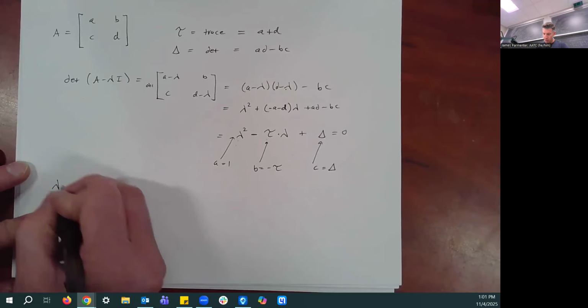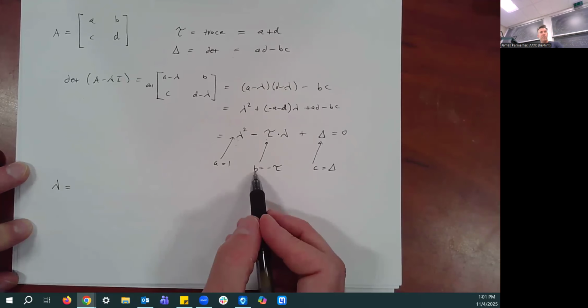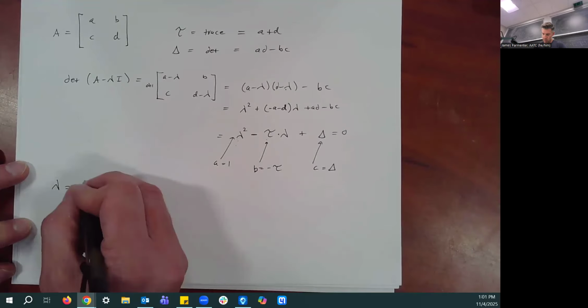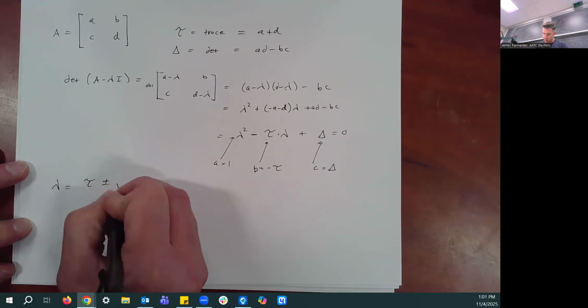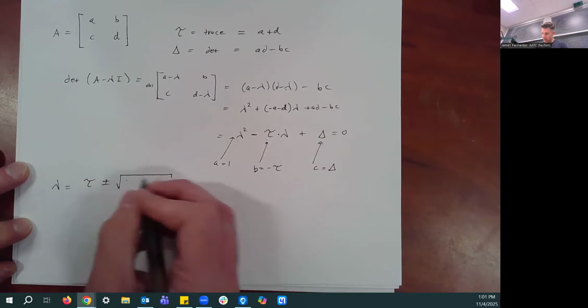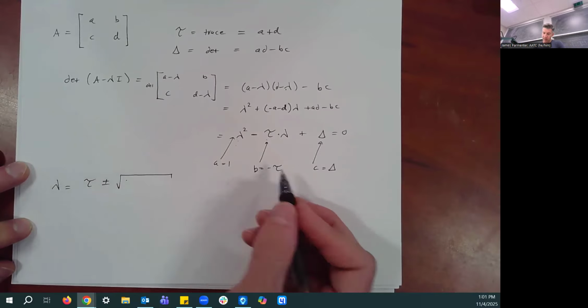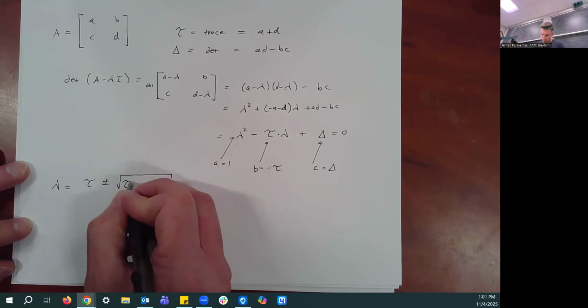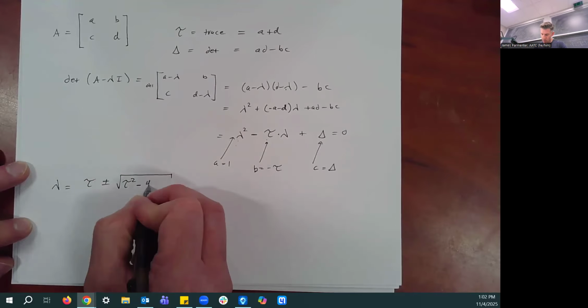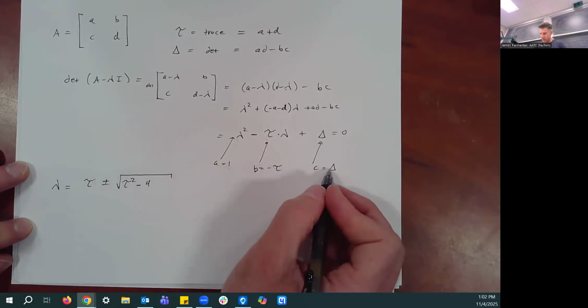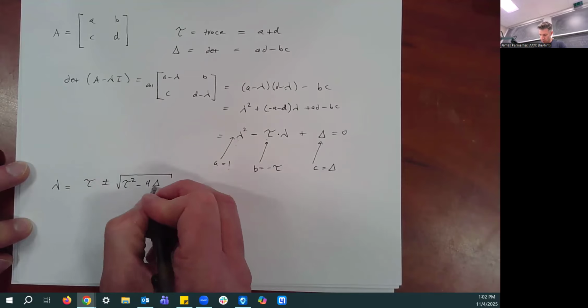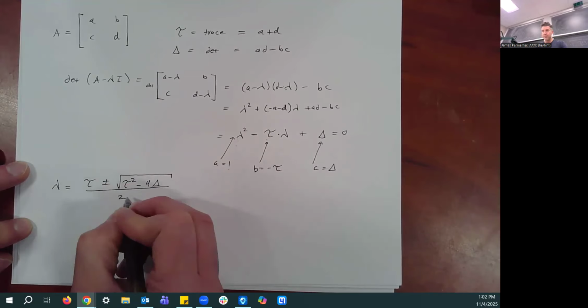Our lambdas are going to equal the negative of B, which is just the trace, plus or minus the square root of the trace squared, because the negative thing squared is still positive, minus 4 times 1 times the determinant, all divided by 2.